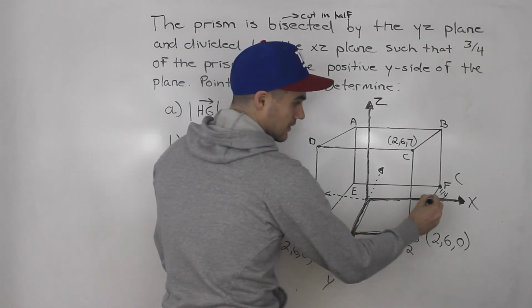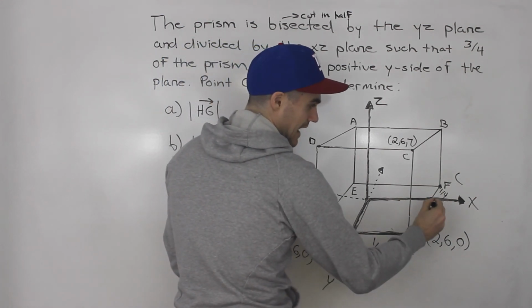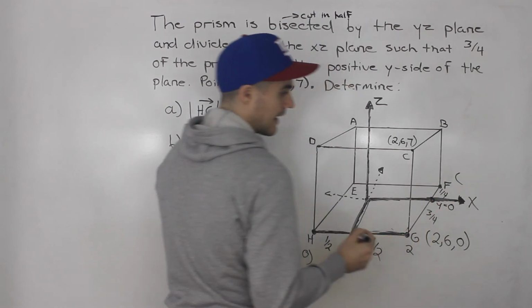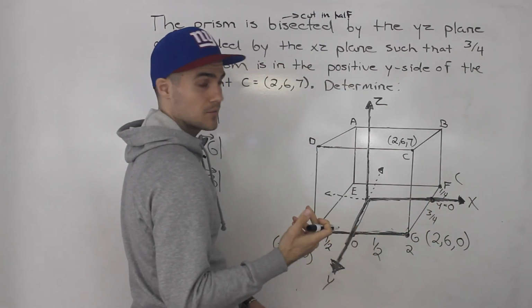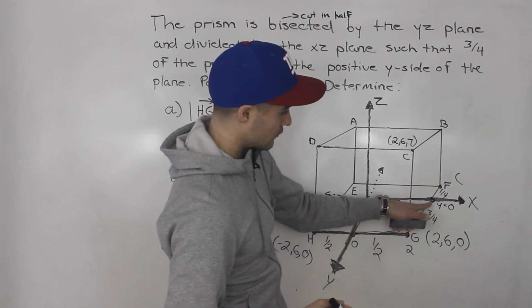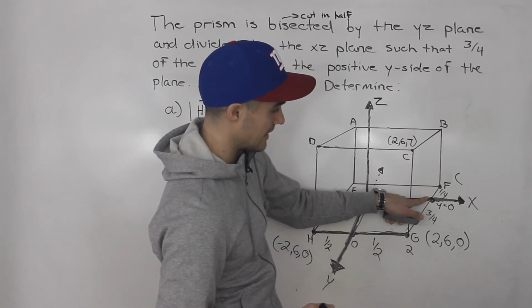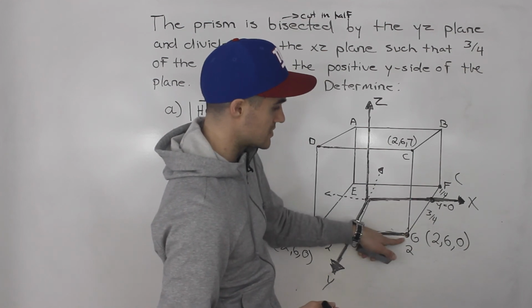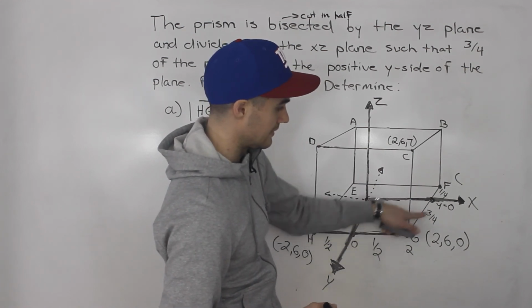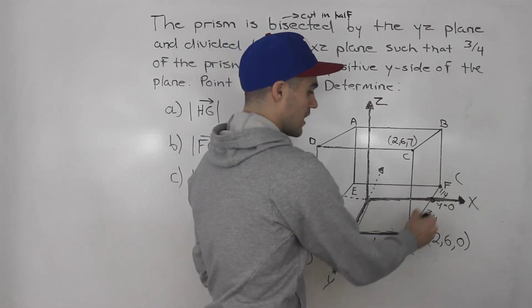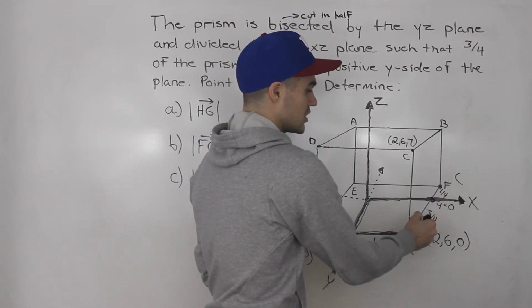On the x-axis, the y value is always going to be 0. So from this point on the x-axis to this point G, the length is 6, and that represents 3/4 of the total length of FG.